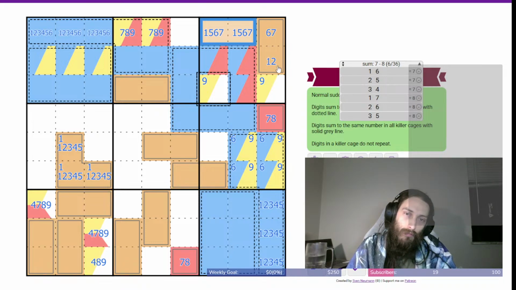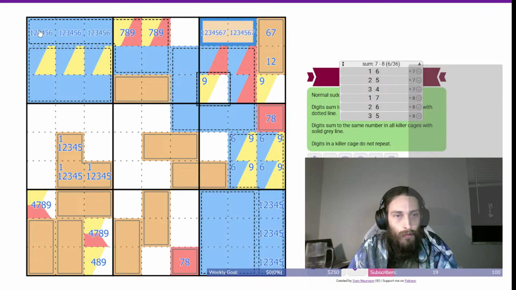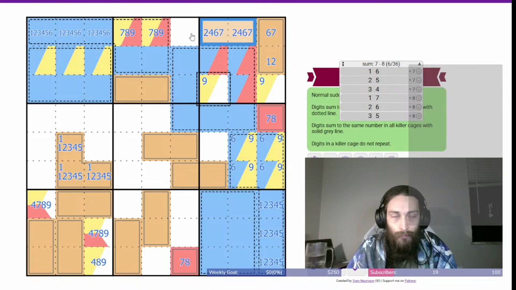Which would make this 2 and 6 or 7. Which would make this 8, so that would be 7. And 1, 3, and 5 would force 2, 6 for 8. And 1, 7.